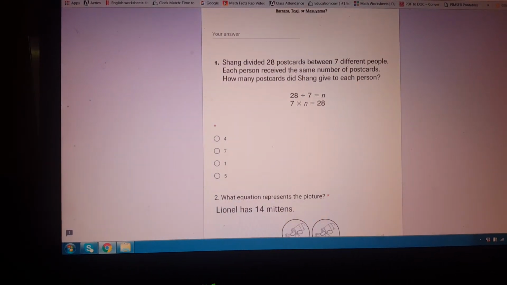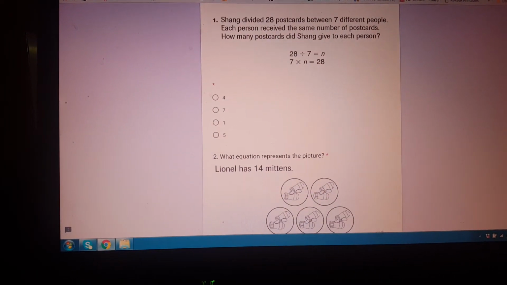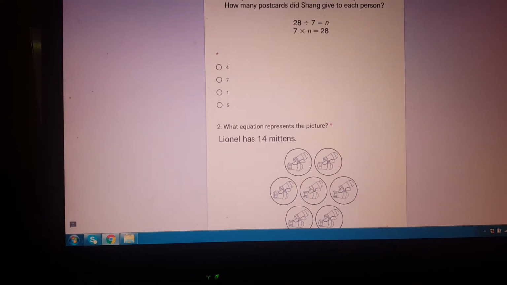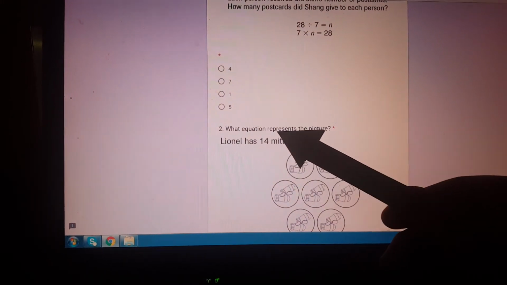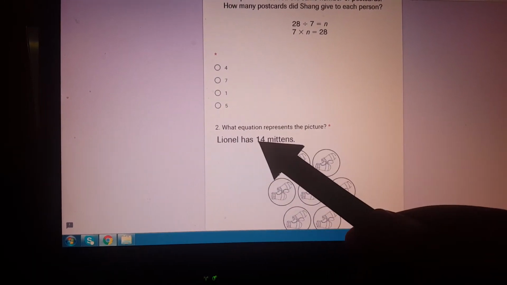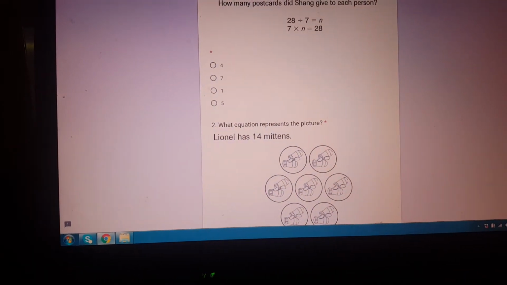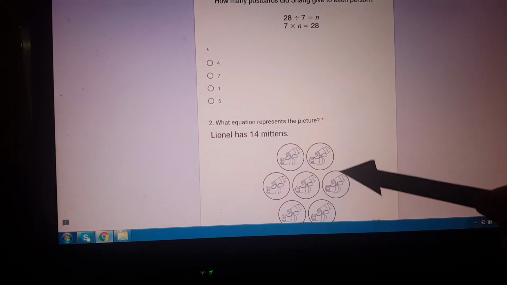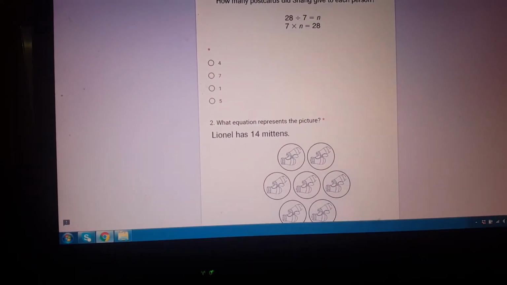Moving on to number 2. Number 2 says, what equation represents the picture? Lionel has 14 mittens. So this is the picture of 14 mittens.